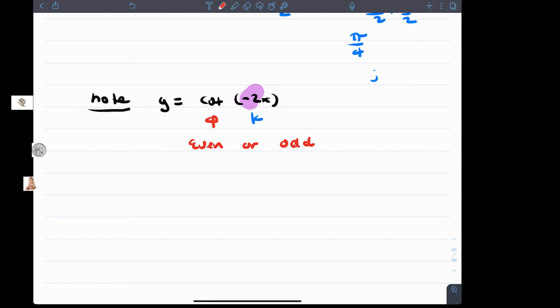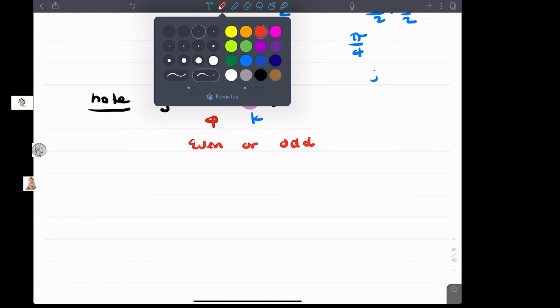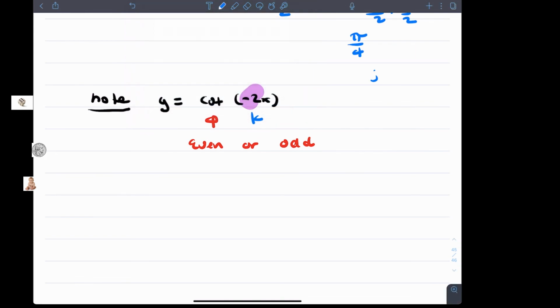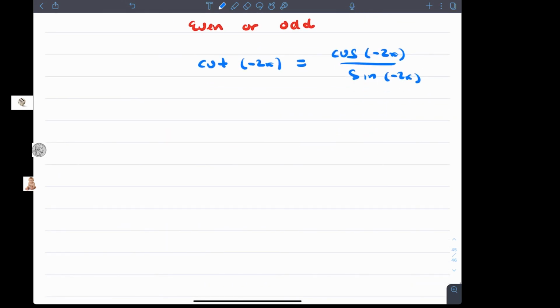So remember when we studied that, I mentioned to you, this is important in what kind of things? Like for graphing. And what do you guys know? Is this even or is it odd? Well, I might look at it this way. What's the definition of cotangent in terms of sine and cosine? Isn't it cosine over sine? And then I go, okay, this is cotangent, and I know cosine.